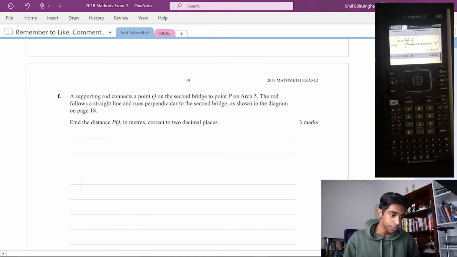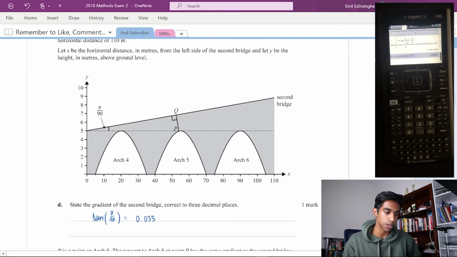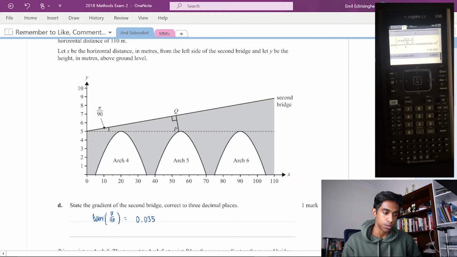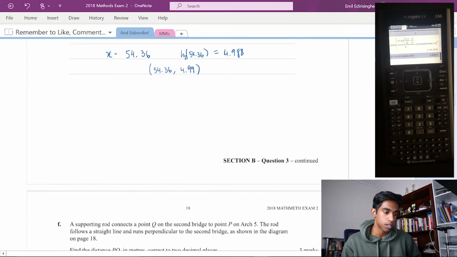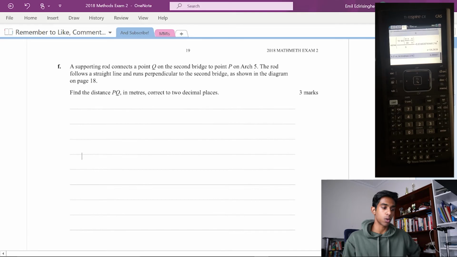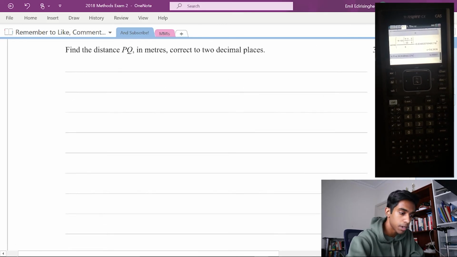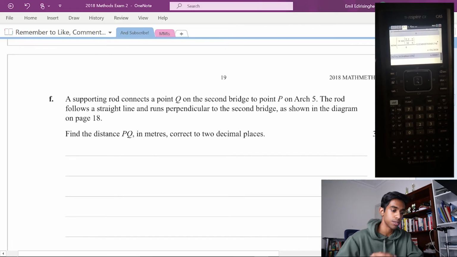So what we'll do here is we actually have the point P, and we're looking for a line that is perpendicular to P because P is also parallel to the second bridge. So what we've got is this point here, and we'll find the equation of the normal to H2 at that point.